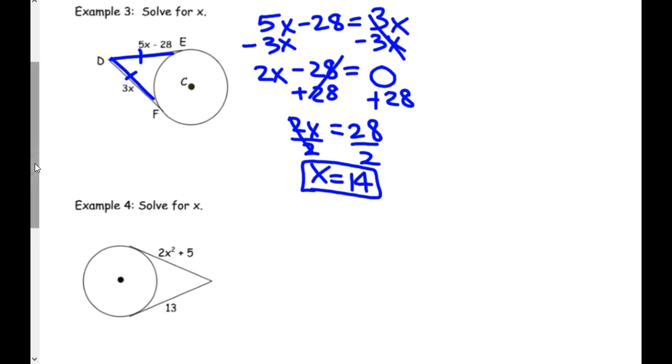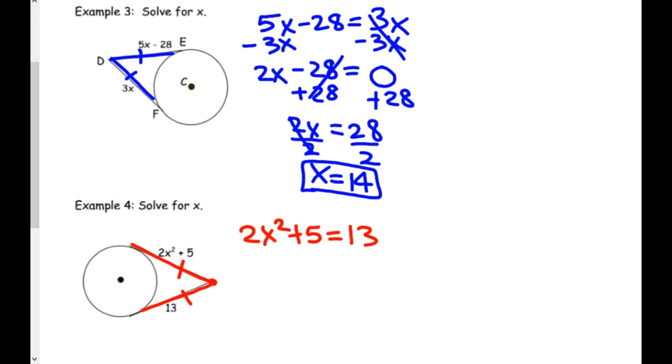Let's try it on this next one. What do I know about these two segments? Since they're both tangents touching at the same point, yeah, they're congruent. So I take those two values and I put an equal sign between them. Right? Straight up. Let's write this down. 2x squared plus 5 equals 13.